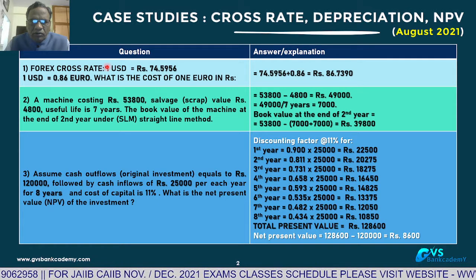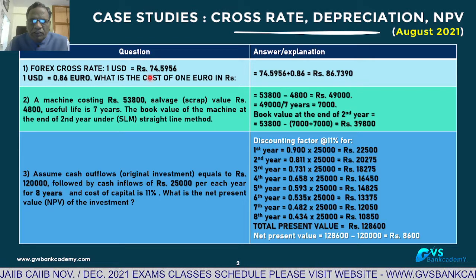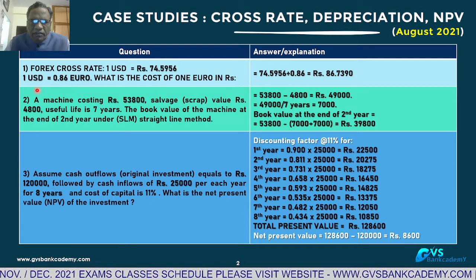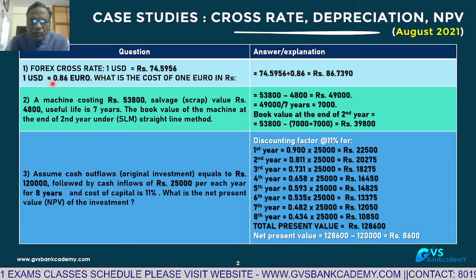Question number 1. 1 US dollar is equal in the spot market in India to 74 rupees 59.56 paisa. In the international market, 1 US dollar is equal to 0.86 euros.